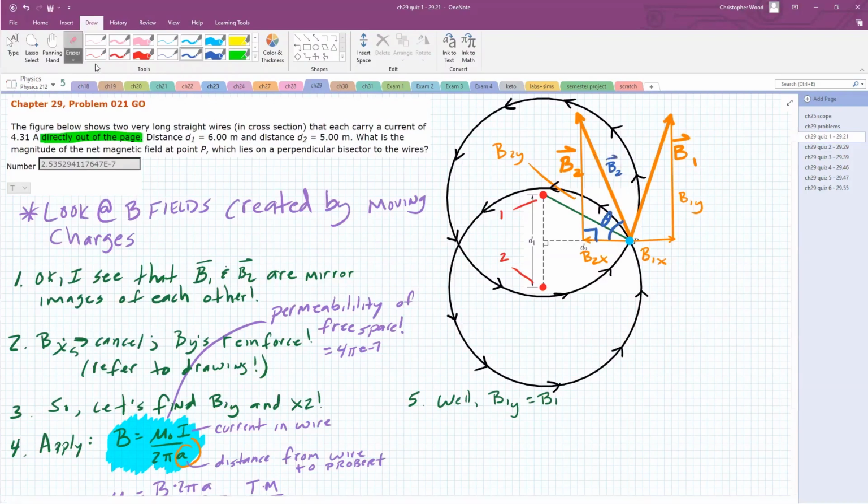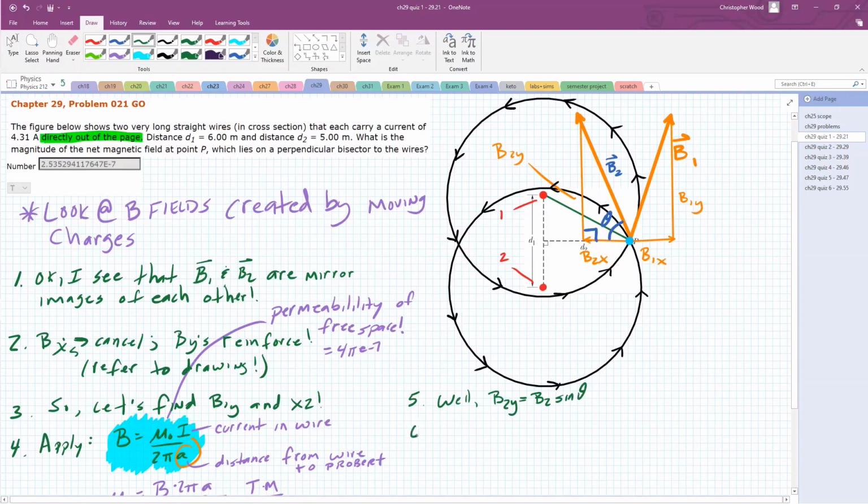I'm drawing B2 to make it clear that B2 is the hypotenuse of that rectangle, and there's B2y. So B2y, which I will double, equals B2 sine theta.